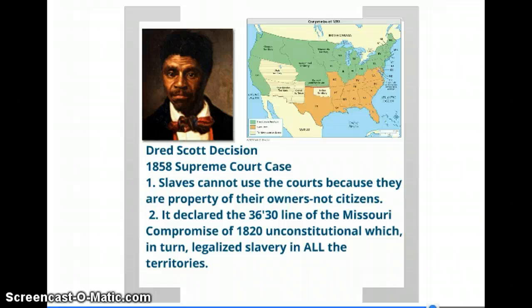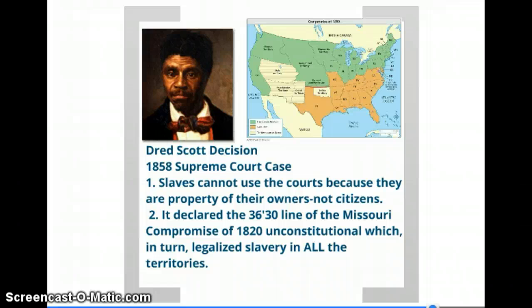In 1858, the court decided two things that you see here. One, slaves could not use the courts because they were the property of their owners. They were not citizens, and had no right to sue in court. Additionally, they decided that Congress never had the authority to draw the 36°30' line in the first place back in the Missouri Compromise.